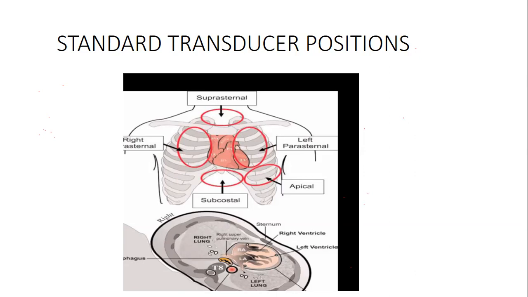Where do you put your transducer? Just below the nipple. Where does the transducer marker point? It points to the left, if you are using the cardiac probe. If you are using a curvilinear probe, a non-cardiac probe, like most of you, maybe you may not have the cardiac probe.